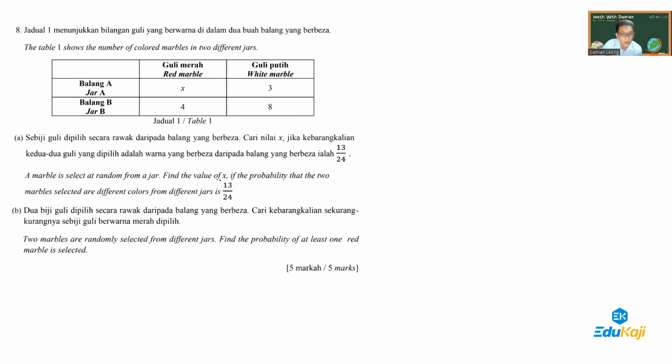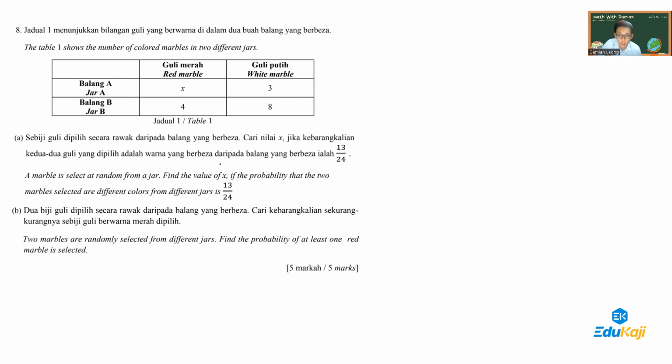Question 8. A marble is selected at random from a jar. Find the value of x if the probability that two marbles selected are different colors from different jars is 13 over 24.